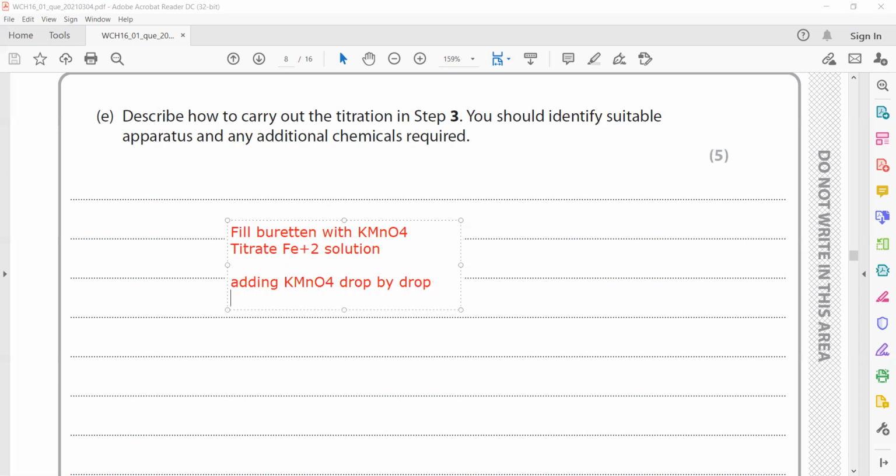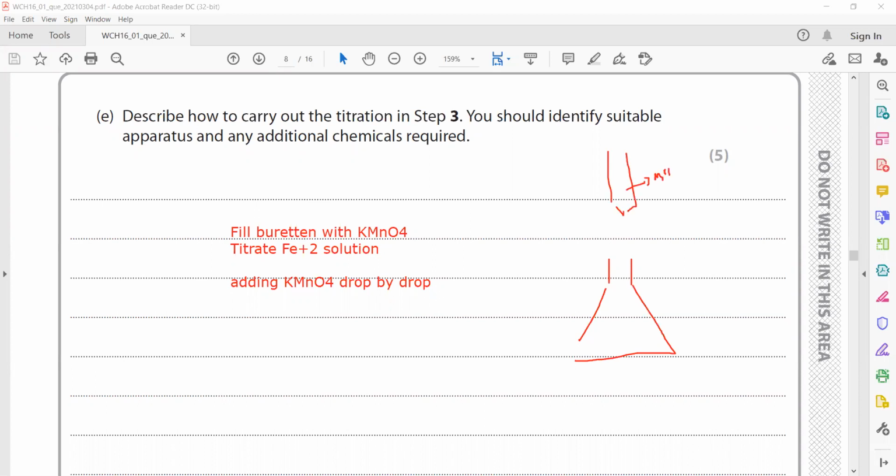Then what happens is, when the reaction is there, Mn7 changes to Mn2 and iron(II) is changing into iron(III). This is also a self-indicator reaction, in which we don't add an outside indicator, because in the burette, potassium manganate(VII) is purple.